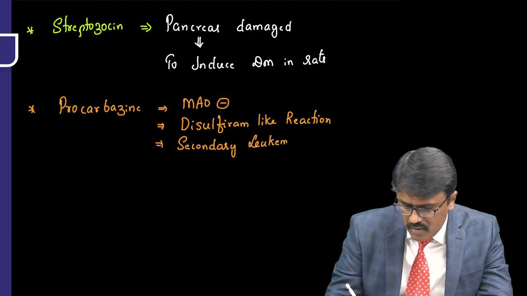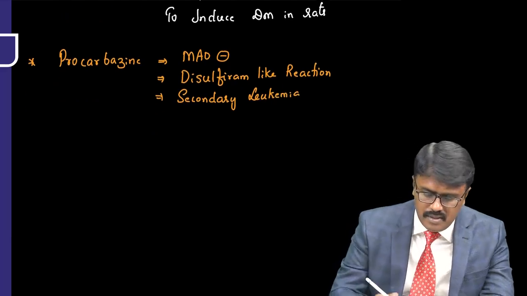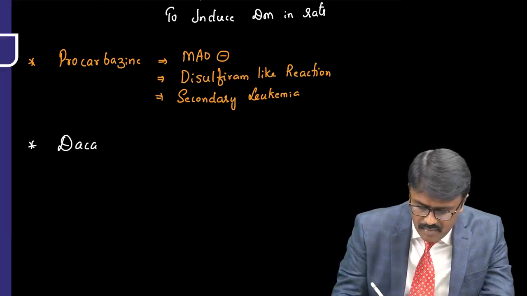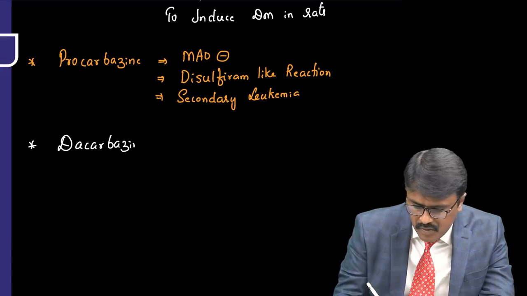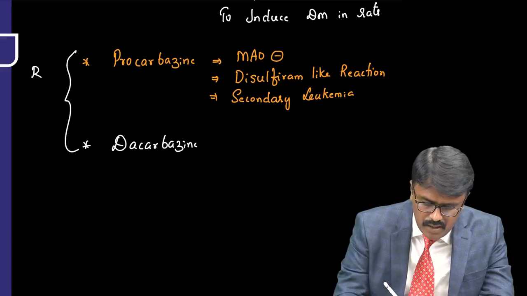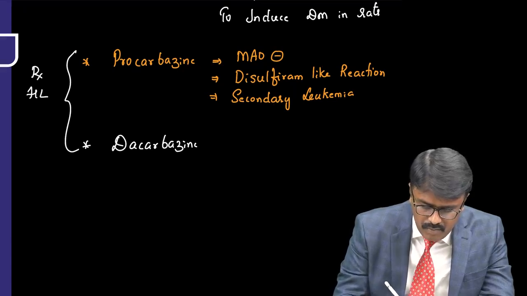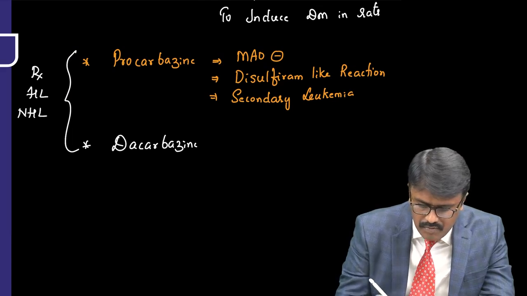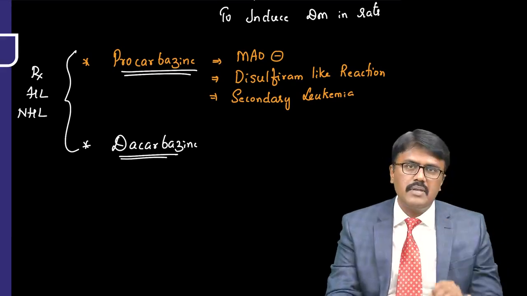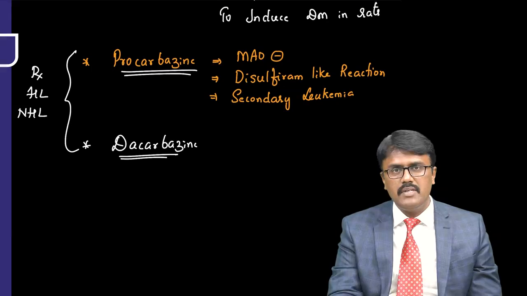Similar to procarbazine, we have a drug dacarbazine. These carbazine drugs are used mainly to treat two important conditions, Hodgkin's lymphoma as well as non-Hodgkin's lymphoma. You can see that they are present in the regimens, procarbazine and dacarbazine.